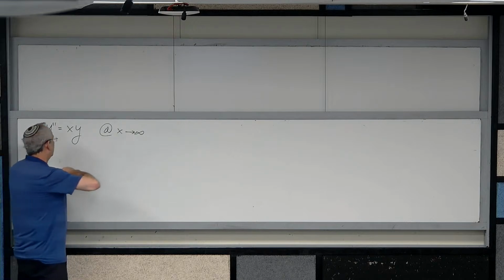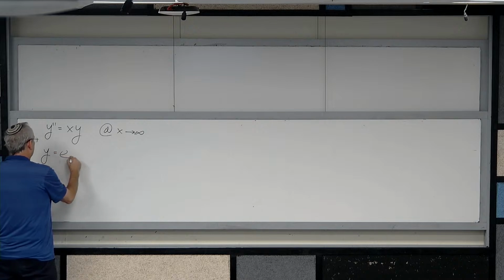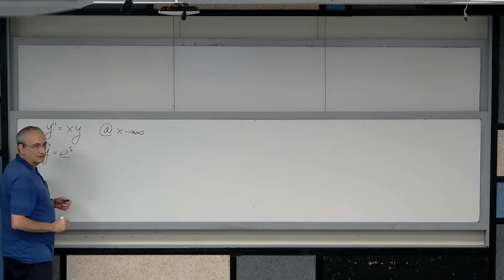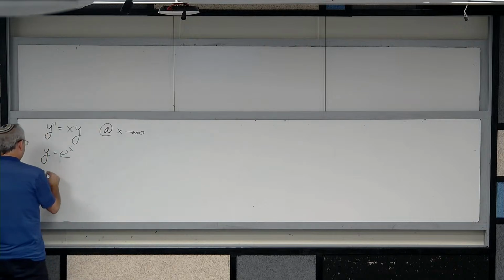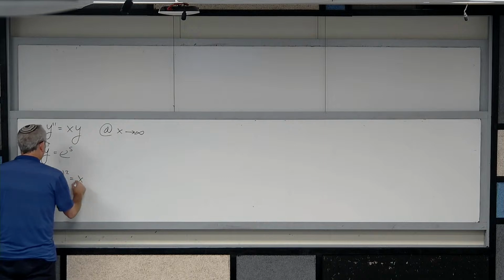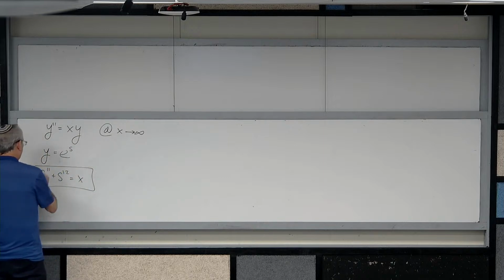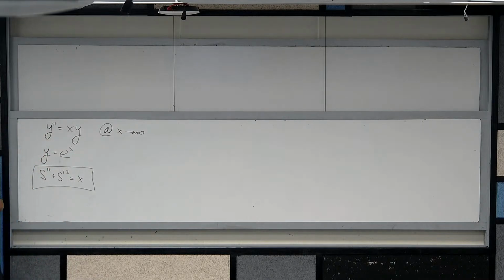And the trick is to write y as e to the S, right? And then we obtain the equation S double prime plus S prime squared equals x, which is as complicated as this one because of the law of conservation of difficulty.